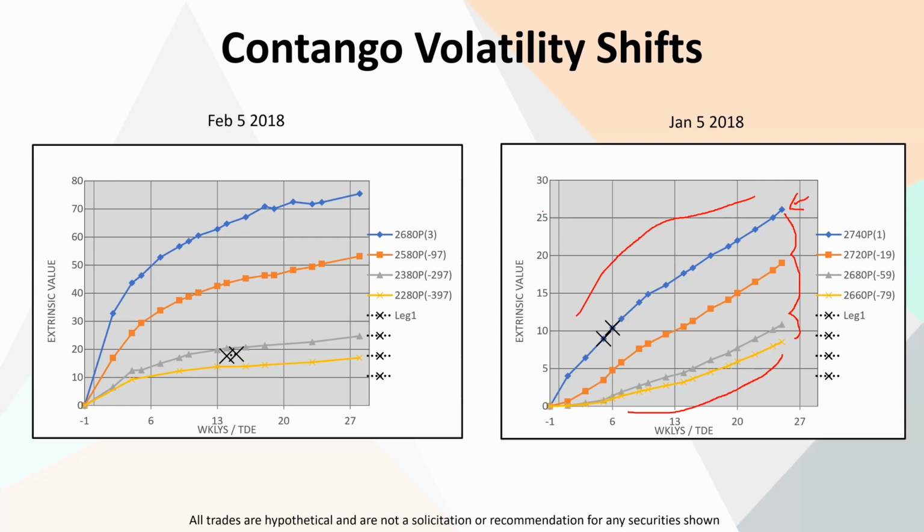But then you have different environments, like in certain crashes or just different environments where the market is behaving a certain way. And the contango signature is dramatically different.